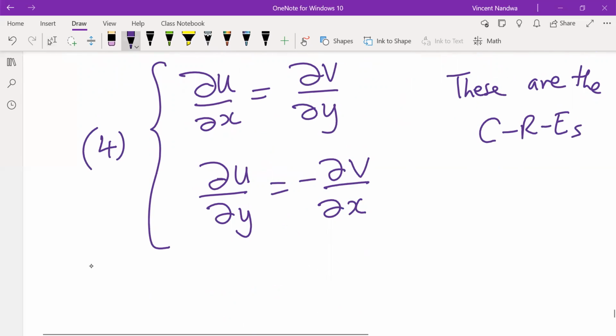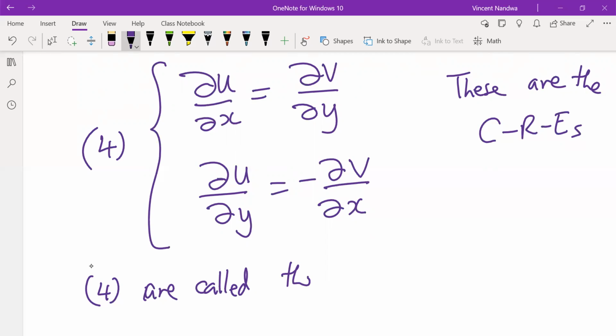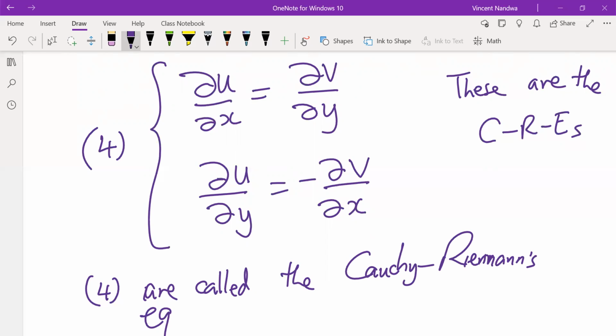If I call this one equation 4, so 4 are called the Cauchy-Riemann equations.